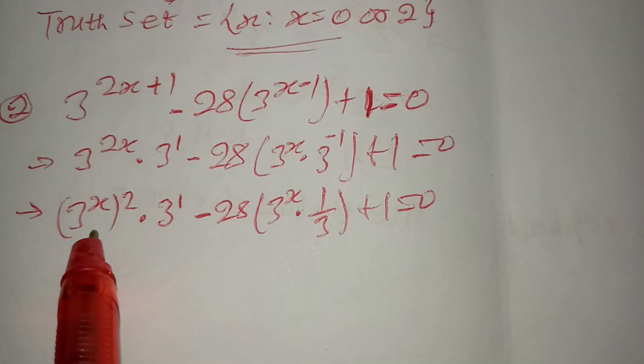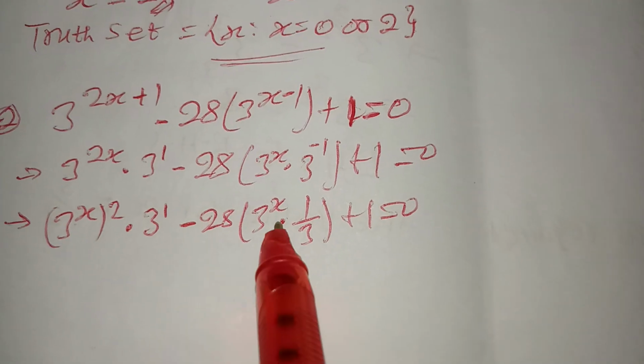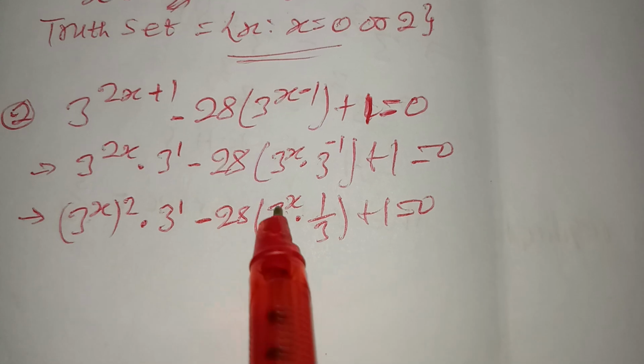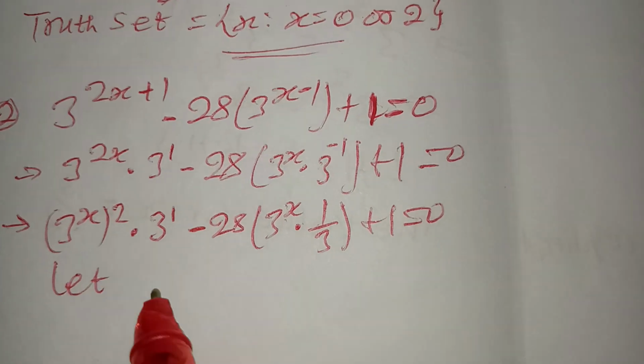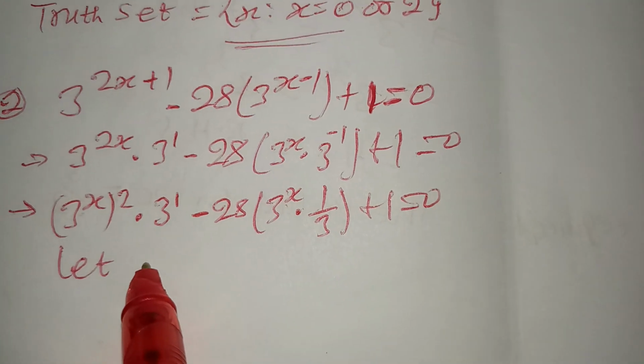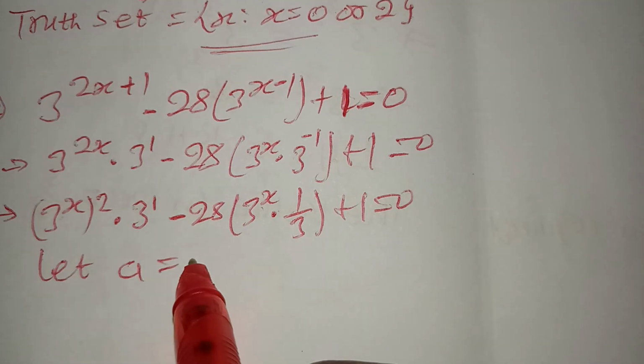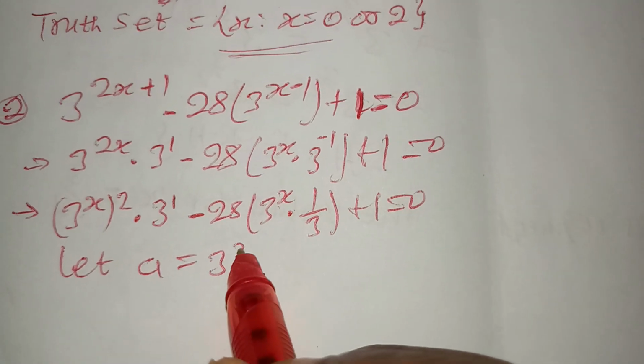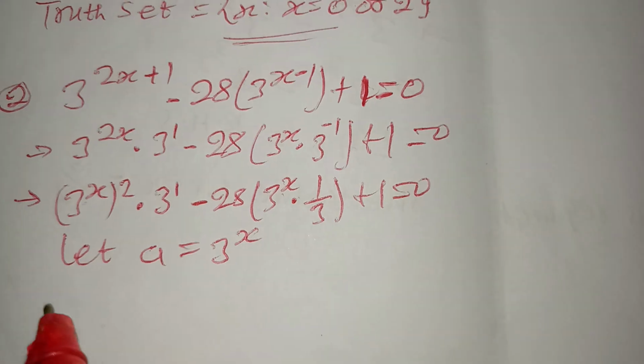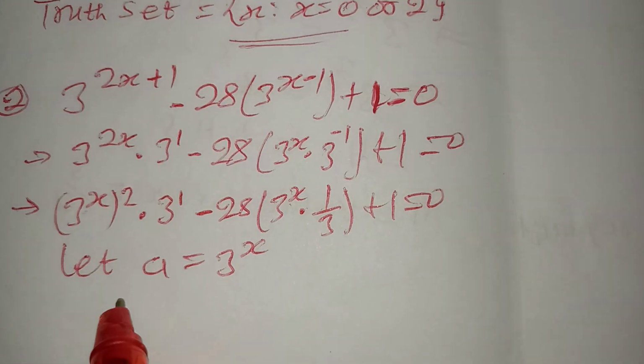So here we can see that these are equal, so we can let a variable a equal to 3 exponent x. So we can easily do substitution.